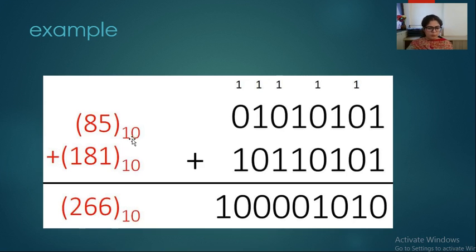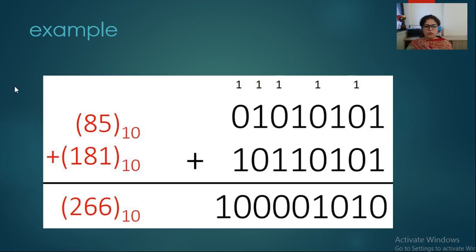This is an example of the decimal number system, because I have written the base as 10. When the base is 10, it means we are dealing with the decimal number system. Now, how do we perform binary addition of these decimal numbers? The binary equivalent of 85 is 0, 1, 0, 1, 0, 1, 0, 1.